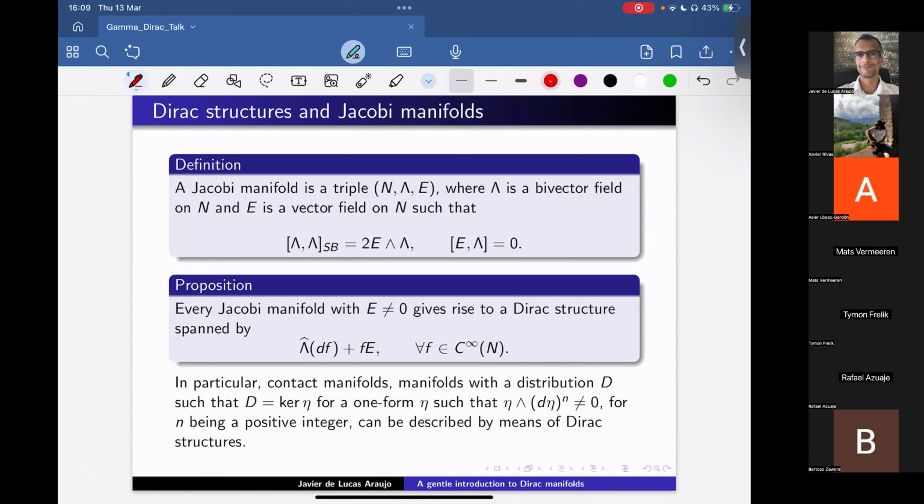So Dirac structures form a very big family of structures containing as particular cases contact manifolds, Jacobi manifolds, presymplectic structures, Poisson manifolds, and all this stuff.